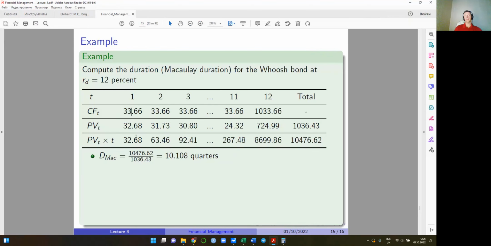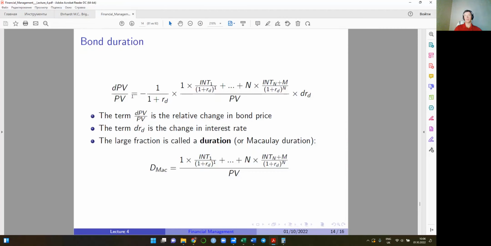Then we separately compute present values of every single cash flow. And here we see the total price, exactly the price that we have computed several slides ago, 1036.43. Here in the last row, we compute present value multiplied by T. Let's see why.